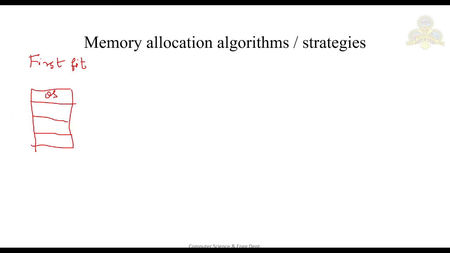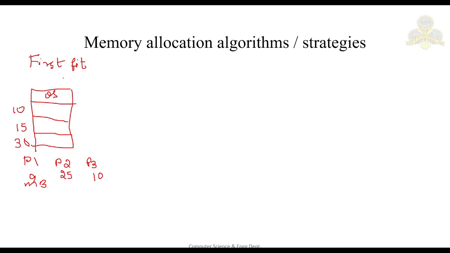The size of the first partition is 10 MB, the second partition is 15 MB, and the third partition is 30 MB. Now we have processes P1, P2 and P3. The size of process P1 is 9 MB, P2 is 25 MB and P3 is 10 MB.